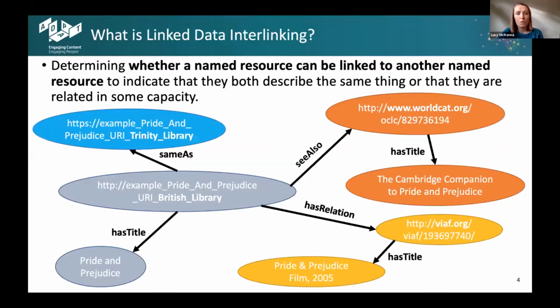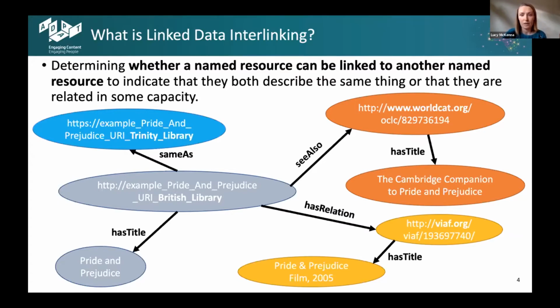In terms of what linked data interlinking is, that is the process of determining whether a named resource, like a person, place, or thing, can be linked to another named resource to indicate that they both describe the same thing or that they are related in some capacity.